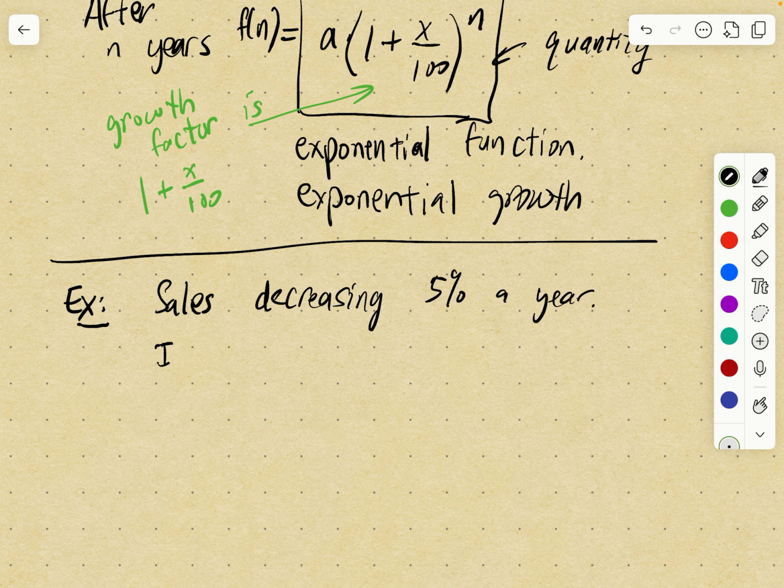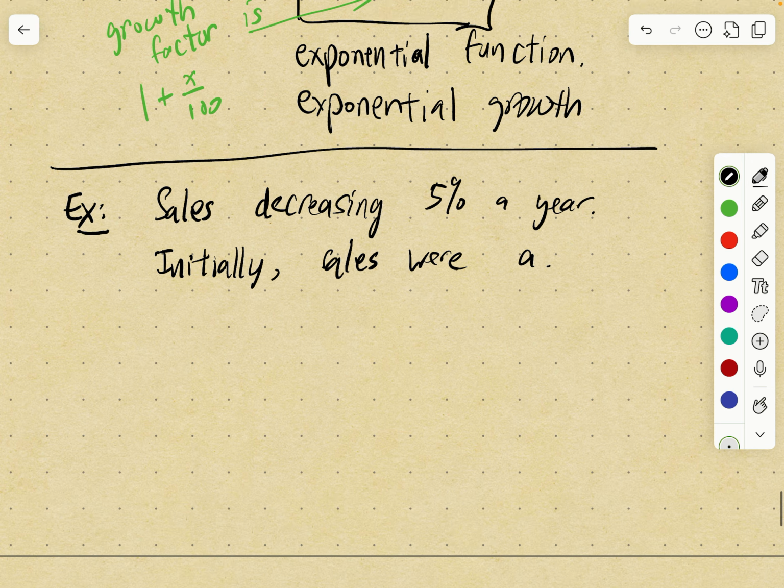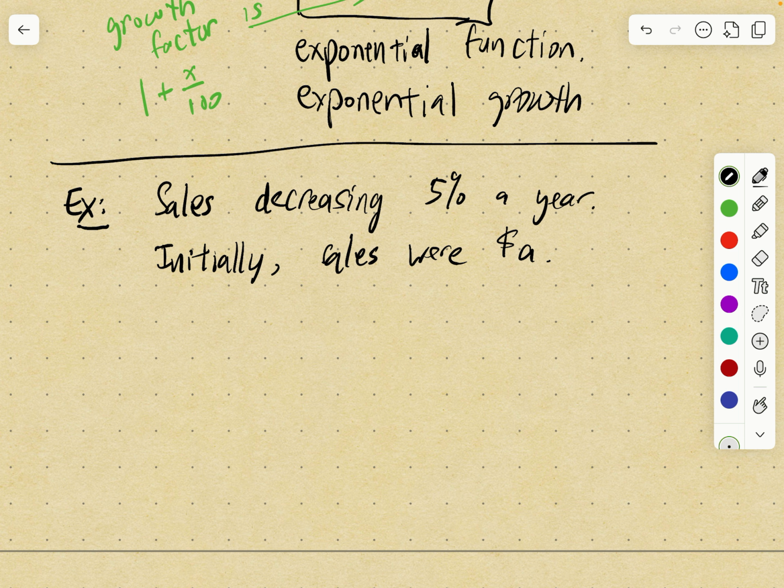Let's say that at a certain year, sales were $A. Then what are the sales after n years?